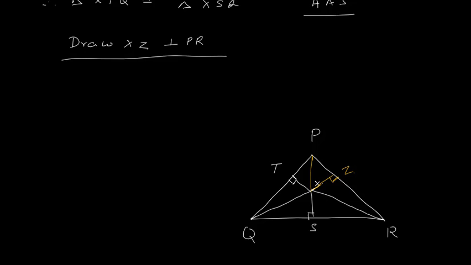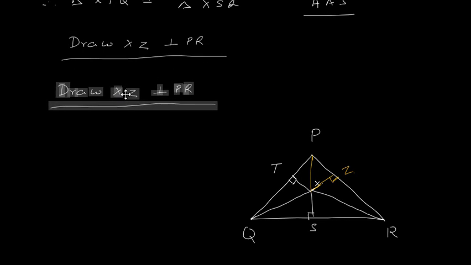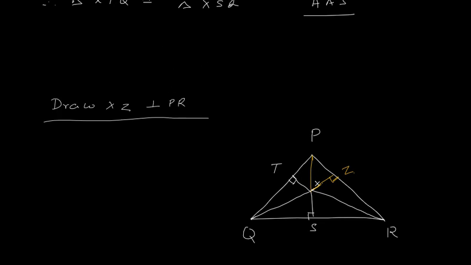Now I have to prove that this PX is bisecting this angle P. We have already proved that triangles XTQ and XSQ are congruent. As these two triangles are congruent, their corresponding side XT is equal to side XS.